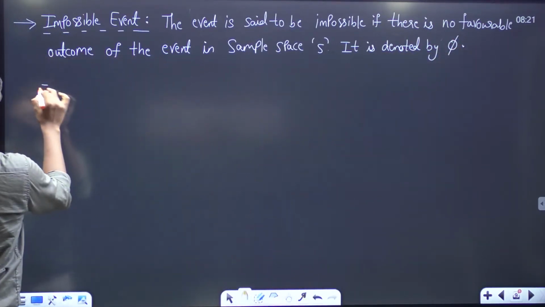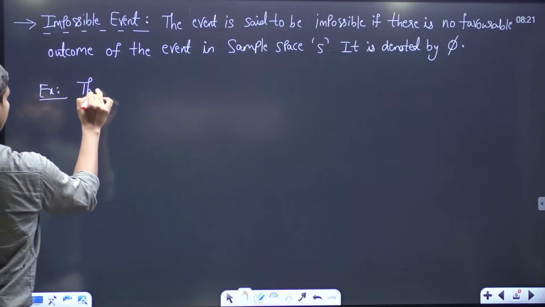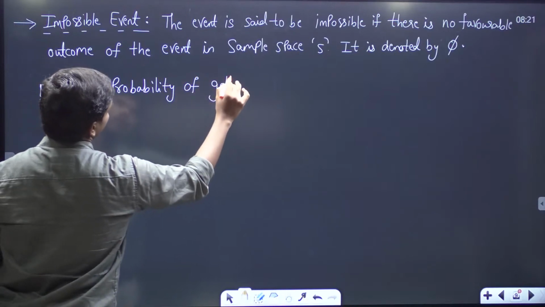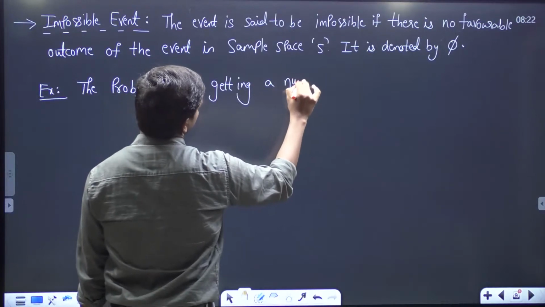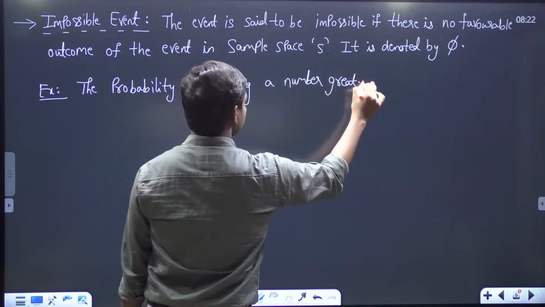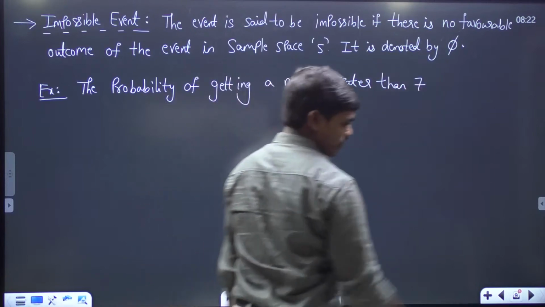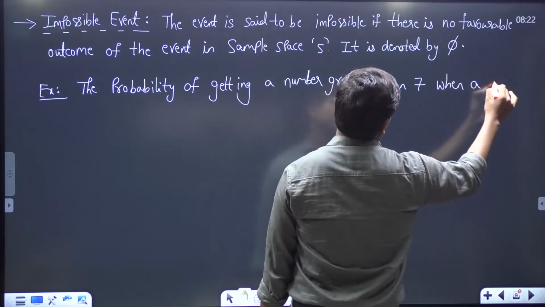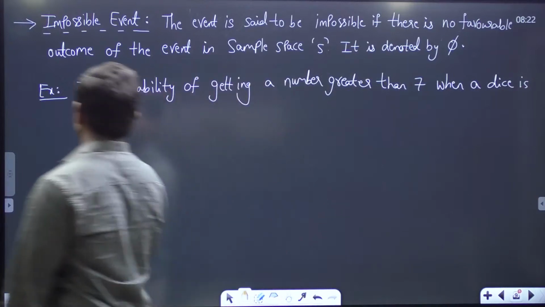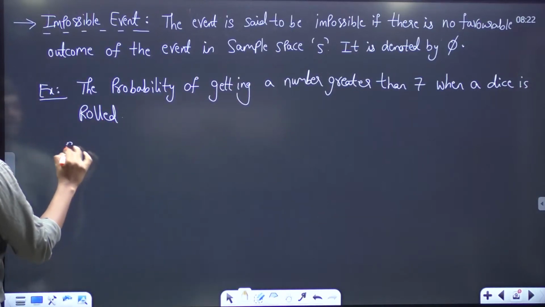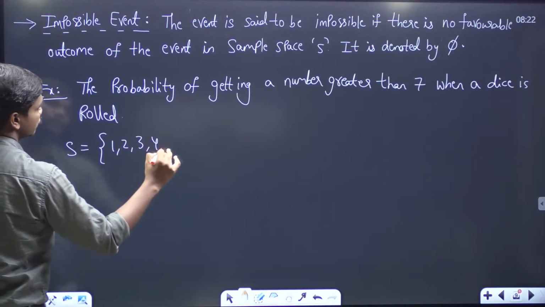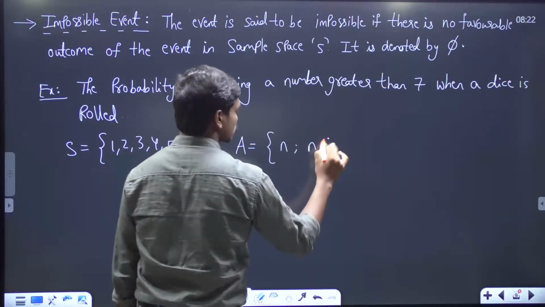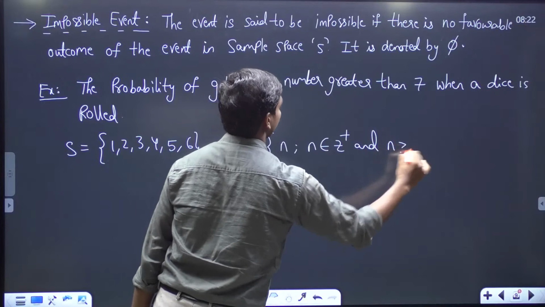See the example: the probability of getting a number greater than 7 when a die is rolled. S is 1, 2, 3, 4, 5, 6, and A is the set of all natural numbers n such that n belongs to Z plus and n is greater than or equal to 7.